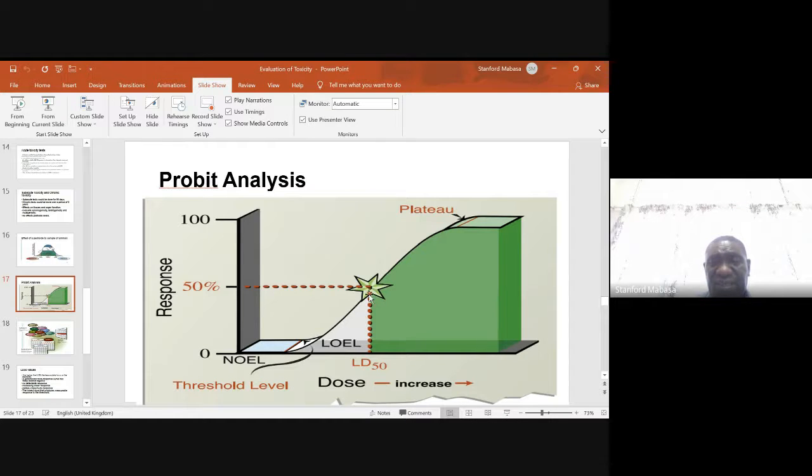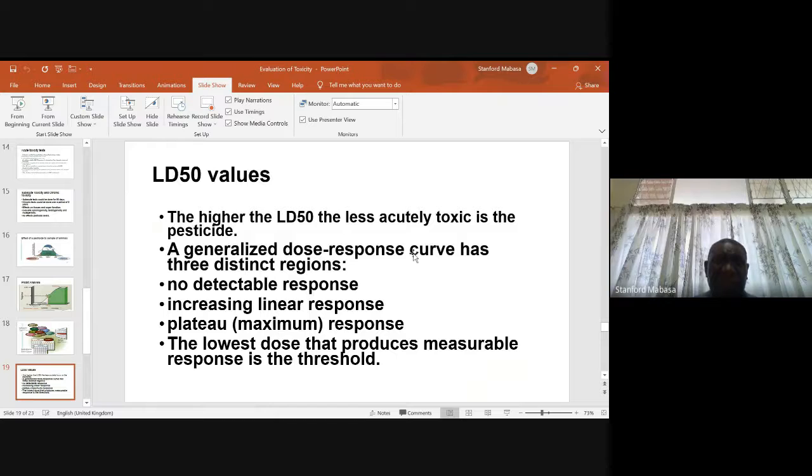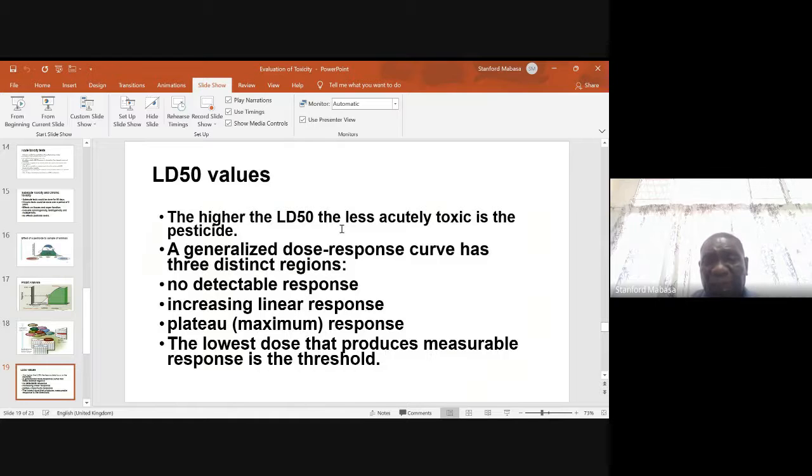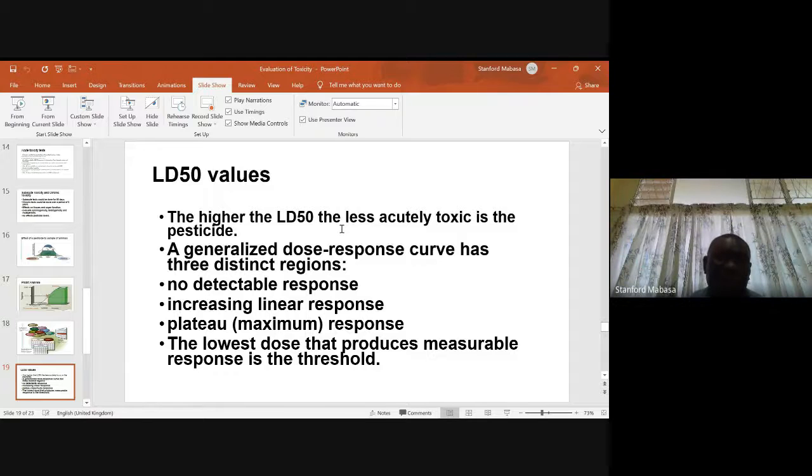Until it reaches here, then that other end. So the higher the LD50, the less acutely toxic is the pesticide. So if a pesticide has got a high value in terms of LD50, it means it's less toxic.